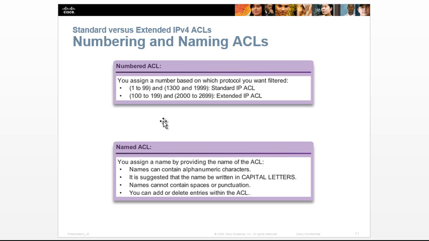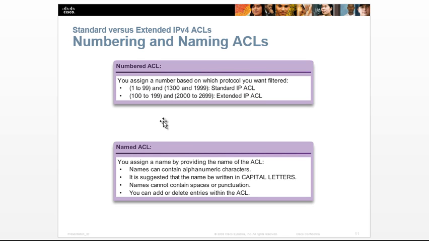So it's important that you understand the purpose of numbering the ACLs. 1 to 99 and then 1300 to 1999 are standard IP ACLs. 100 to 199 and 2000 to 2699 are the extended.